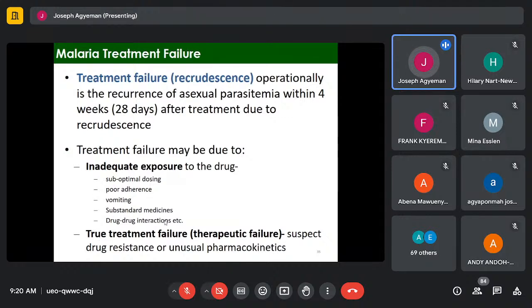If you are a stubborn patient and you don't adhere to your treatment, poor adherence, take the first dose, repeat the second dose after 8 hours, then you go and do it 24 hours after the first dose. You are not getting your loading concentration, and of course, it may fail. You may also take the drug and vomit.